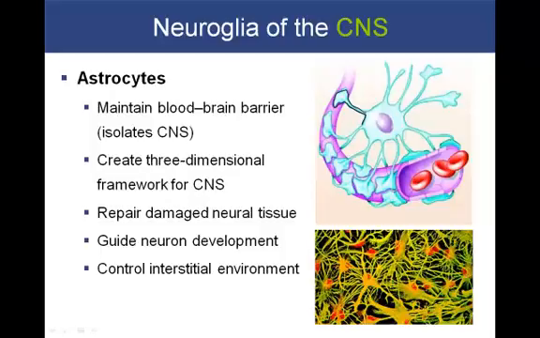Astrocytes have a tremendous amount of filaments that help create the three-dimensional framework of the central nervous system. They can repair damaged neural tissue to some degree. During development, they have a very important role of guiding neuron growth and development. They help guide neurons as they make attachments to other neurons.